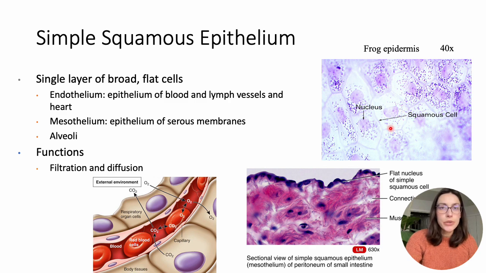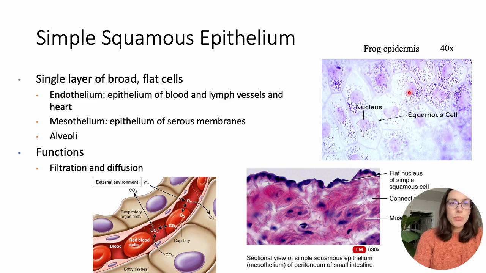These cells are connected to each other by tight junctions, and they form a really good barrier. You will find simple squamous epithelial tissue lining blood vessels and lymph vessels. That specific type of simple squamous epithelium that lines blood vessels and lymph vessels is called endothelium.